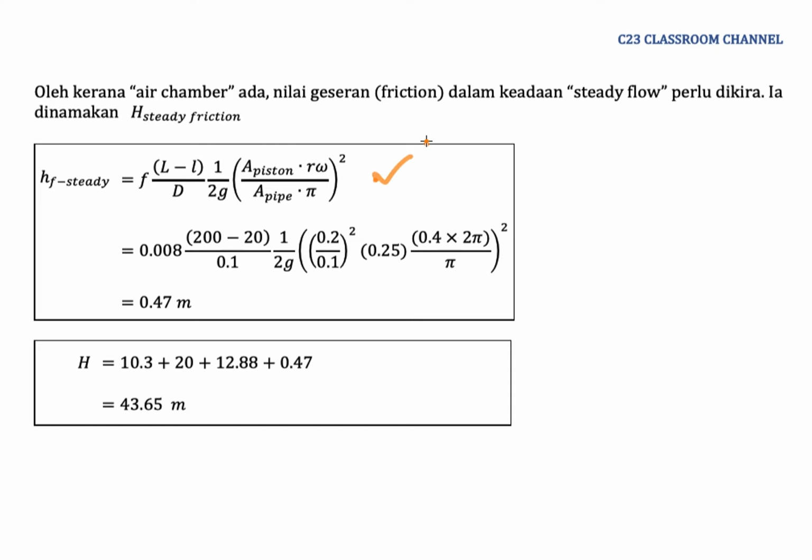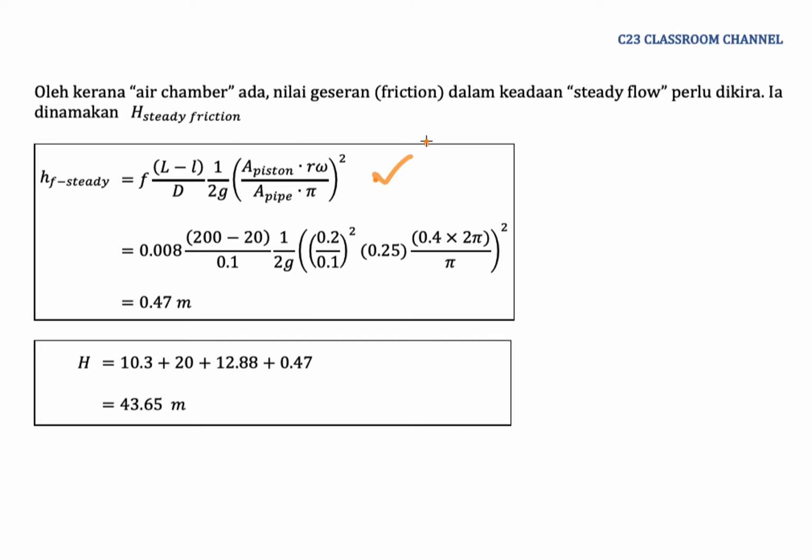Again, you need to understand that steady flow means that water is flowing with the same amount all the time. It doesn't matter whether your piston is at the starting point, the middle point, or the end point, the friction is constant, is steady.